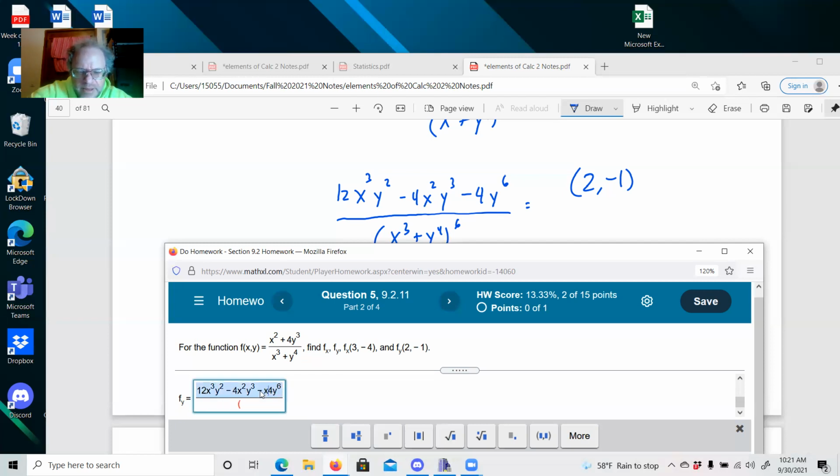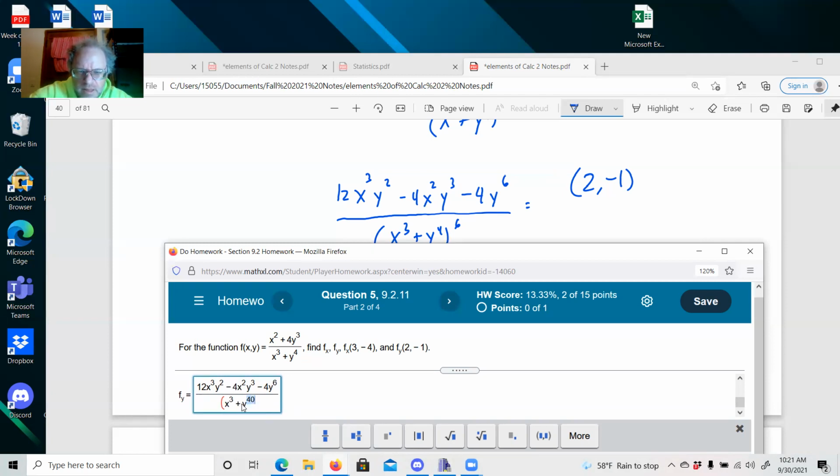Have x cubed, x cubed plus 4y to the 4th.